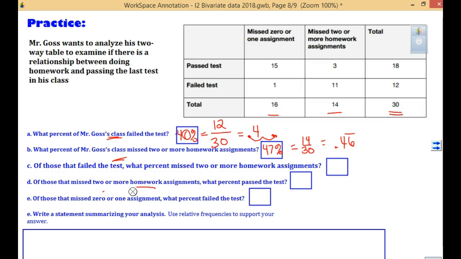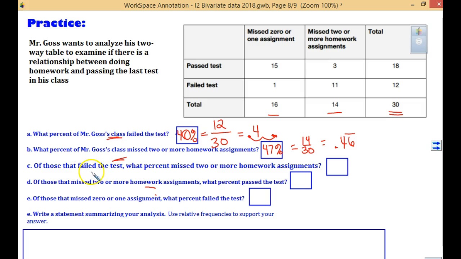Of those who missed 2 or more homework assignments, what percent passed the test? So if we are looking at this, we need to look out of our total that, in this case, passed the test, right? I'm reading 2 different questions at the same time. I was reading C and D.